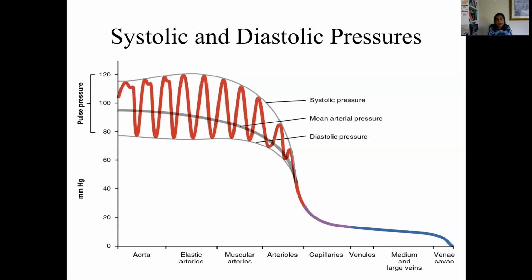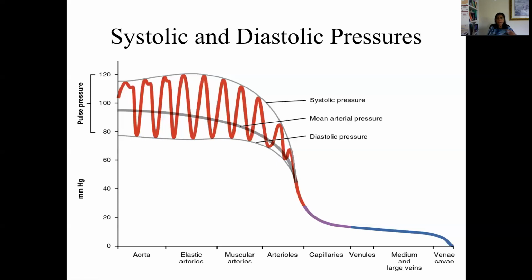The second thing we want to talk about is what is pulse pressure. Okay, pulse pressure is the difference between systolic pressure and diastolic pressure. You see that here, systolic pressure could be 120, diastolic pressure could be 80. So approximately 40 millimeters of mercury is what you call pulse pressure. Okay.